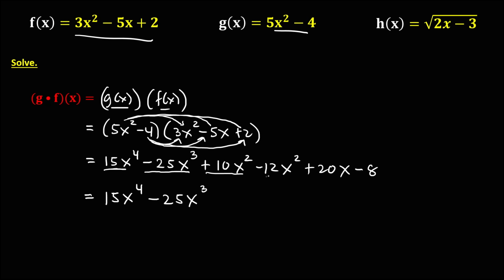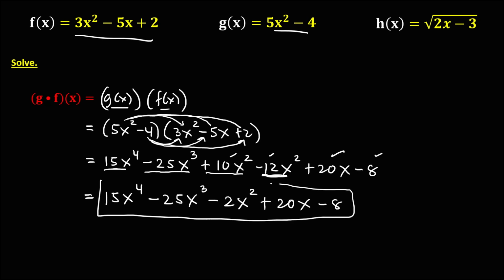Then this positive 10x squared and negative 12x squared: 10 minus 12 is negative 2, then x to the power 2. Then bring down plus 20x minus 8. So this is now the value for the given function.